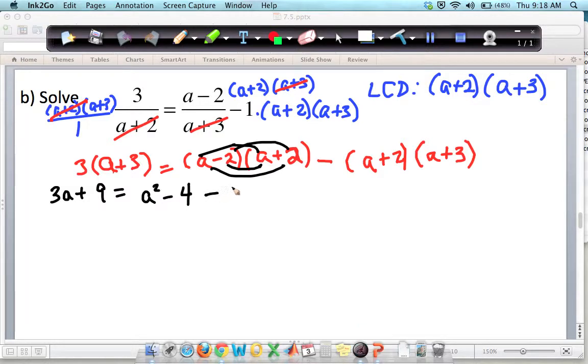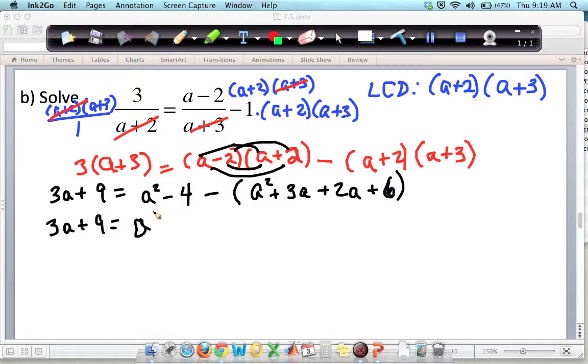Minus, now put all this in parentheses when you FOIL it, because you need to not forget that you need to distribute this negative sign. So I'm going to FOIL a plus 2, a plus 3, and I get a squared plus 3a plus 2a plus 6. Okay, so let's simplify. 3a plus 9 equals a squared minus 4 minus, I'm going to combine the 3a and 2a.